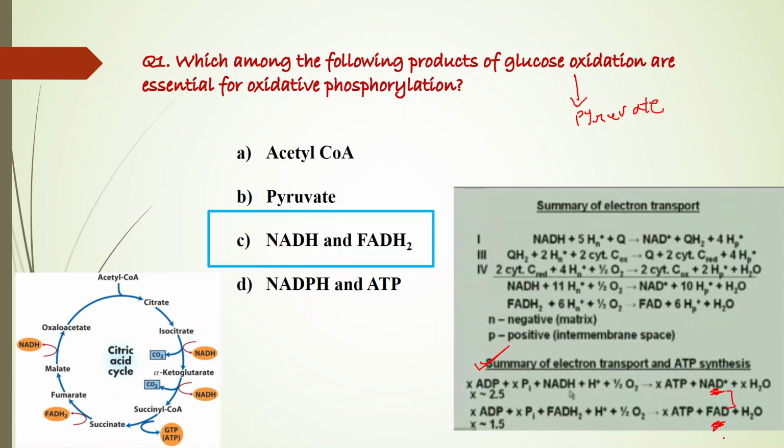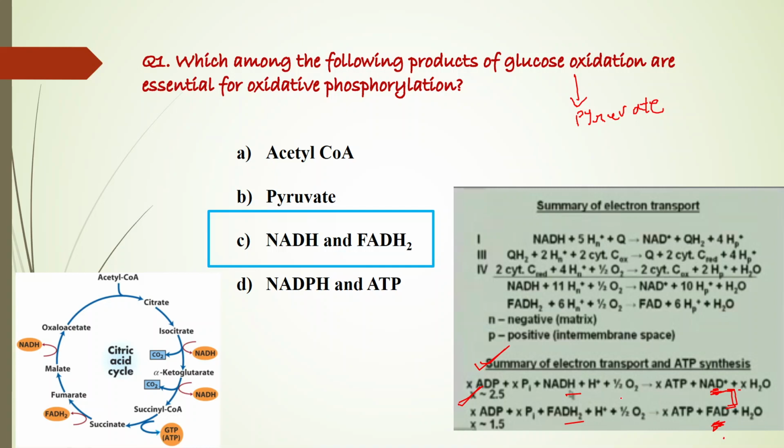That means if NADH and FADH2 have been oxidized, you again have to reduce them, otherwise this step will no longer occur, because if you do not reduce them again, then this ADP to ATP conversion will no longer occur. It will stop at just this 1 mole of reaction.